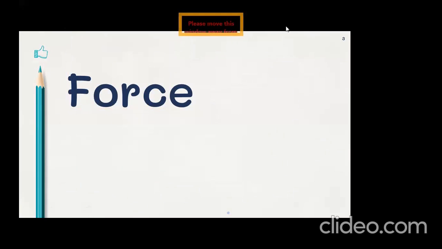Yes, Nida. Yes, Miram. Exerted by one object on another object. Force is a push or pull exerted by one object on another object. We can't say only a push or pull exerted by an object. No, a push or pull exerted by one object on another object.